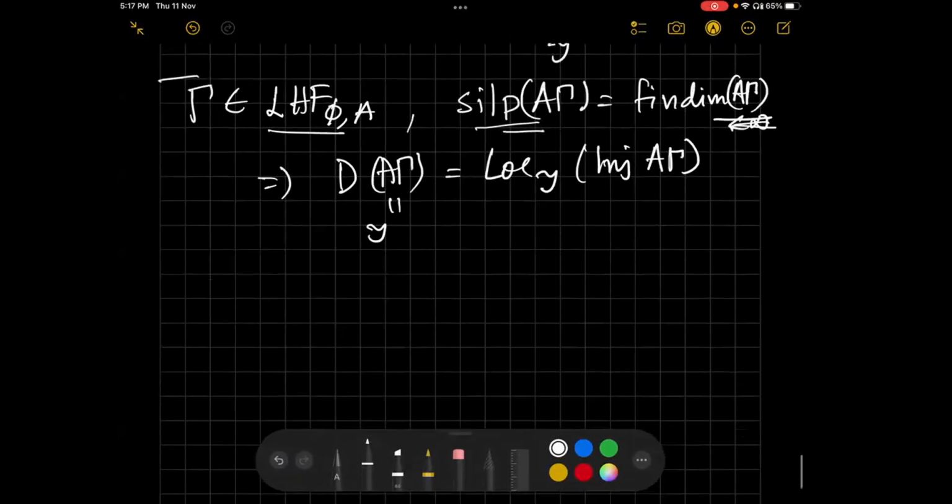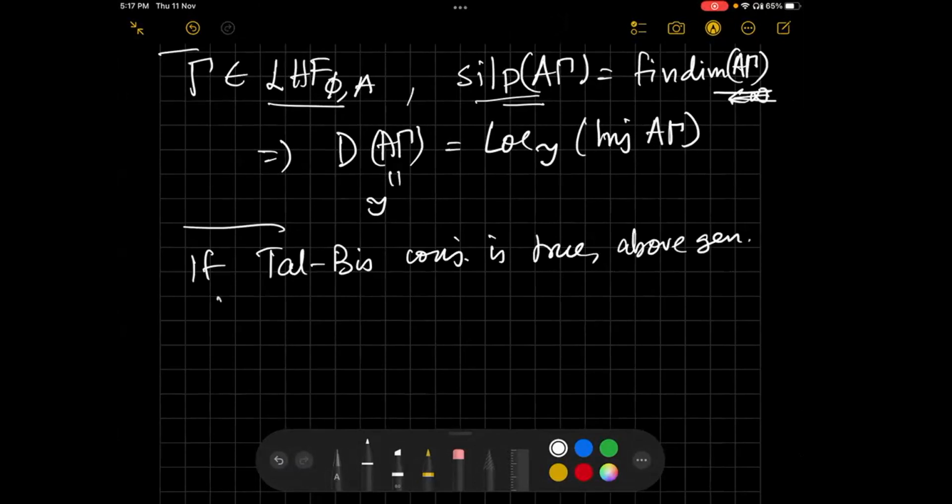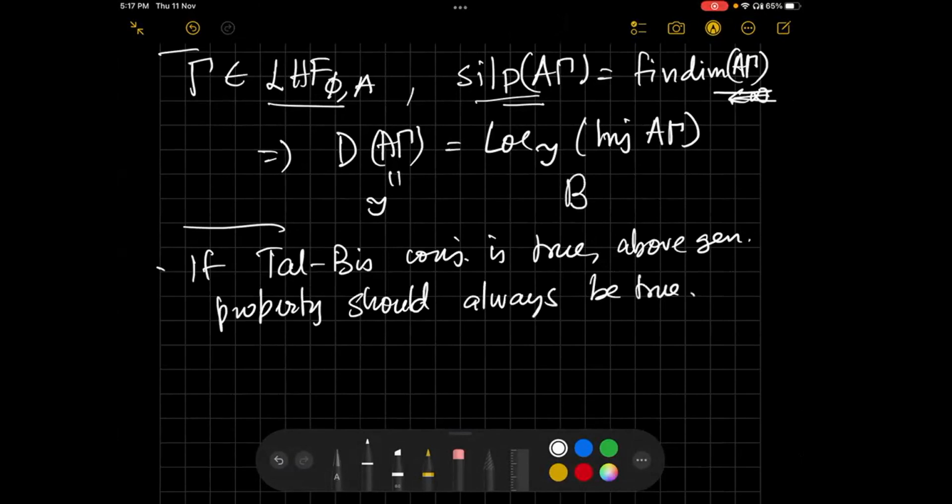And that is interesting. If Teleli, my conjecture is true, the above generation property should always be true. So yeah, this treatment is in a separate paper.